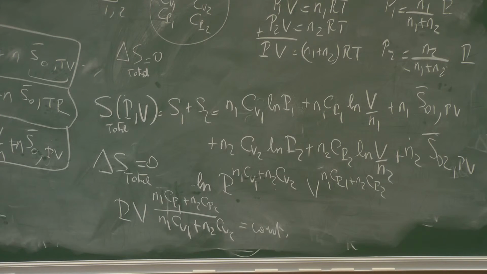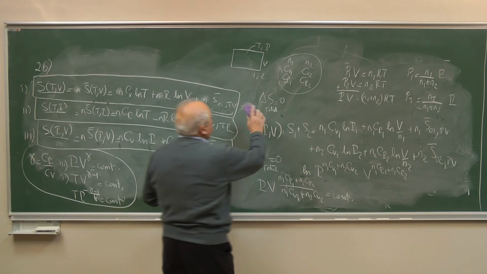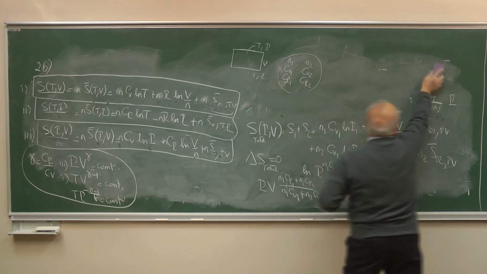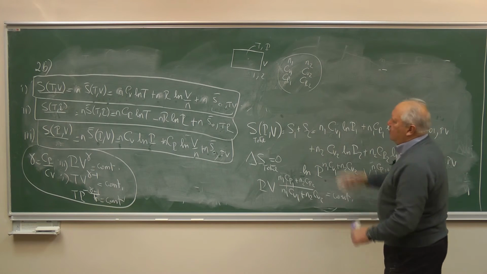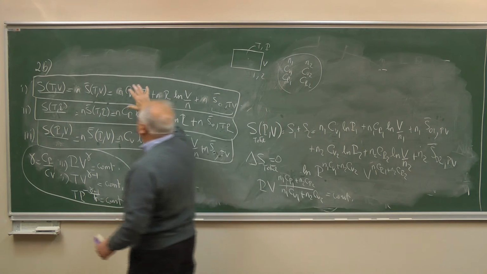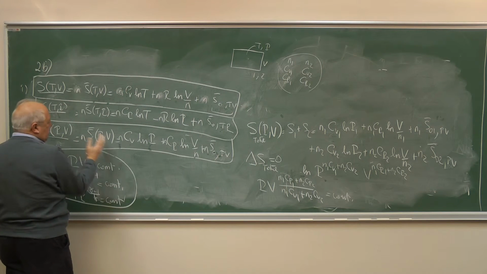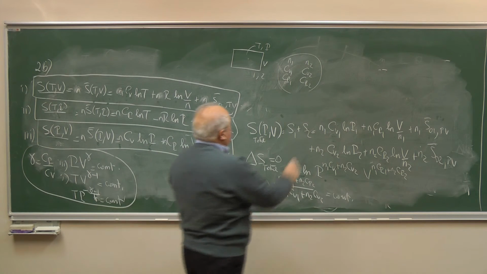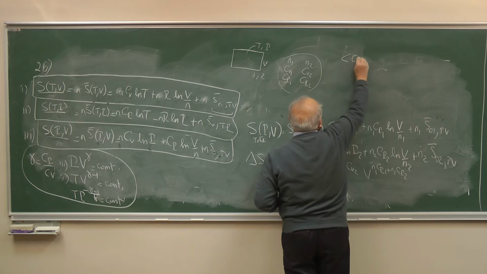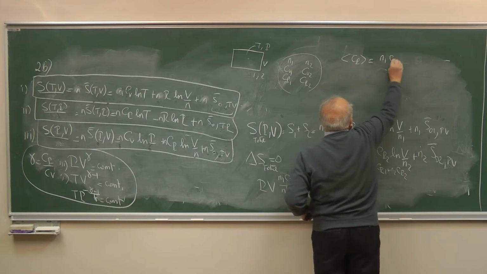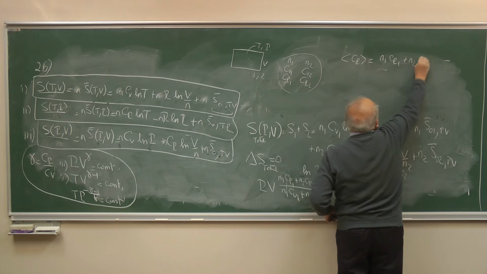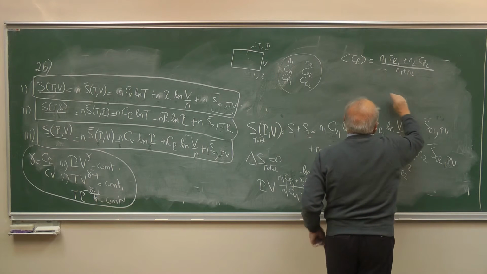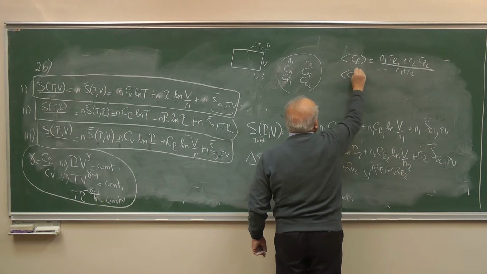This can be written in a more compact way. We just did this, we simply wrote this for two gases. We simply copied and added. But for example, the average of CP, we can define as (N1 CP1 plus N2 CP2) over (N1 plus N2). And likewise, we define CV.